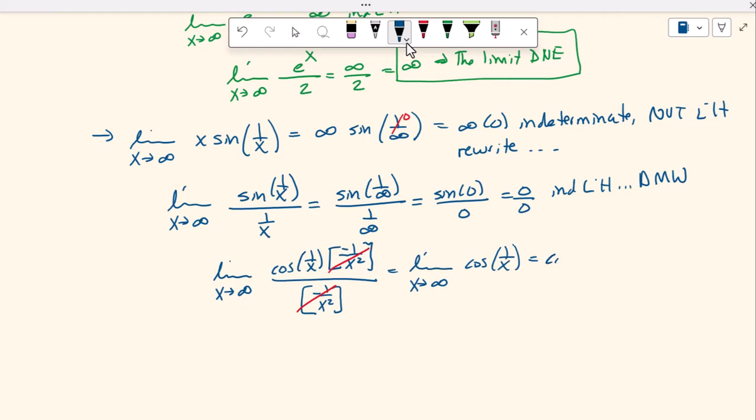Now as x goes toward infinity, remember this is a fixed numerator. The denominator is increasing without bound, so this is going toward cosine of 0, and we know the cosine of 0 is 1. So we got another 1. A lot of these are, like I said, zeros and ones. But the key on this one was we did not get an indeterminate L'Hopital's form right away. I got an indeterminate form, but I had to rewrite it and get it into an indeterminate L'Hopital form before I could deal with it.